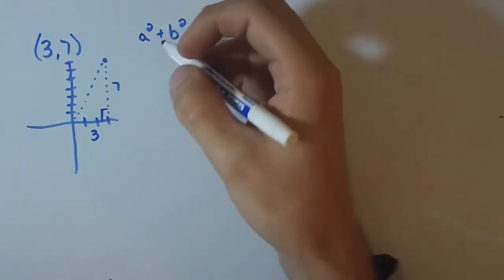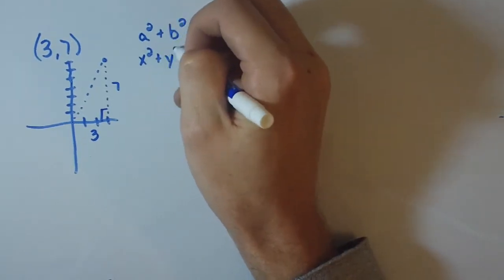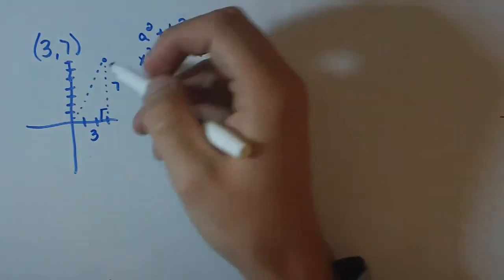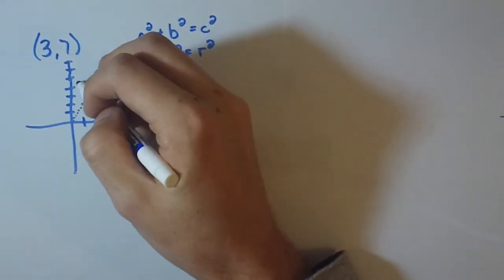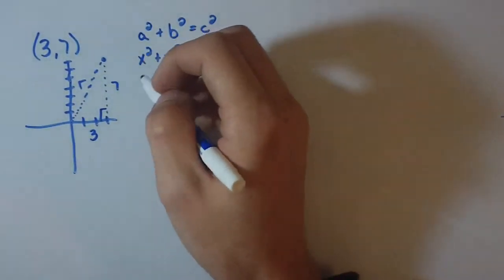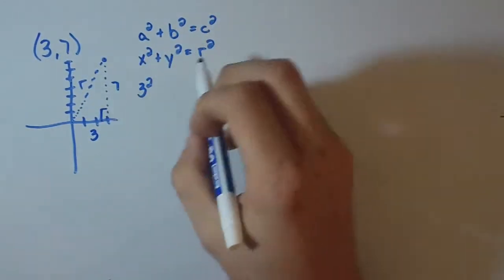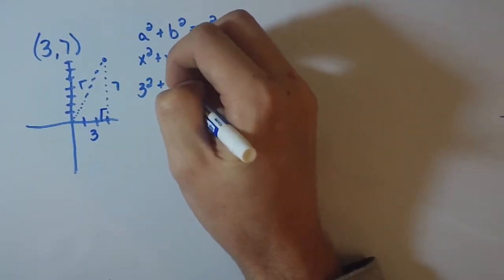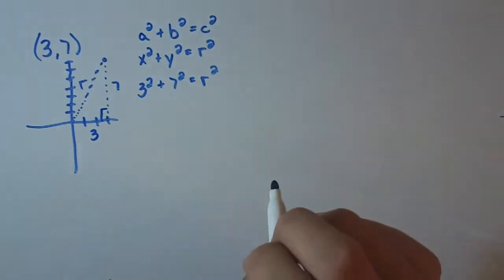So we can have a squared plus b squared equals c squared. Here, we can think about that as x squared plus y squared equals r squared, because that is our radius in terms of trig functions. So our x value was 3, so we have 3 squared, plus the y value 7 squared, equals r squared.